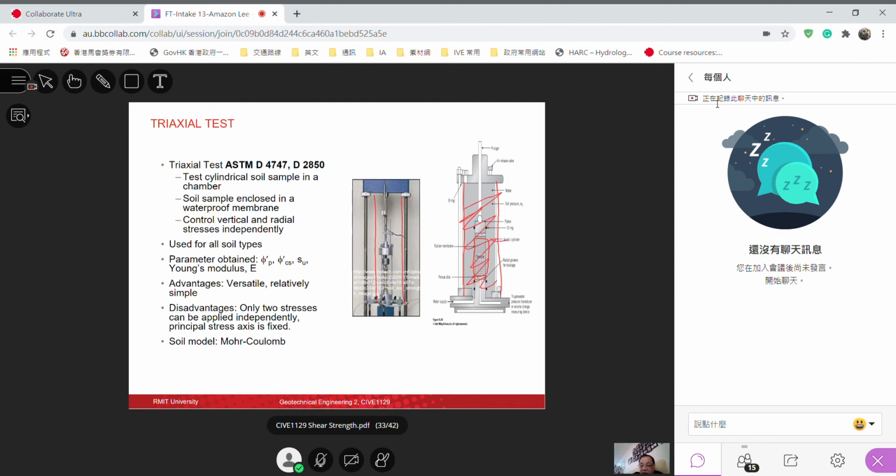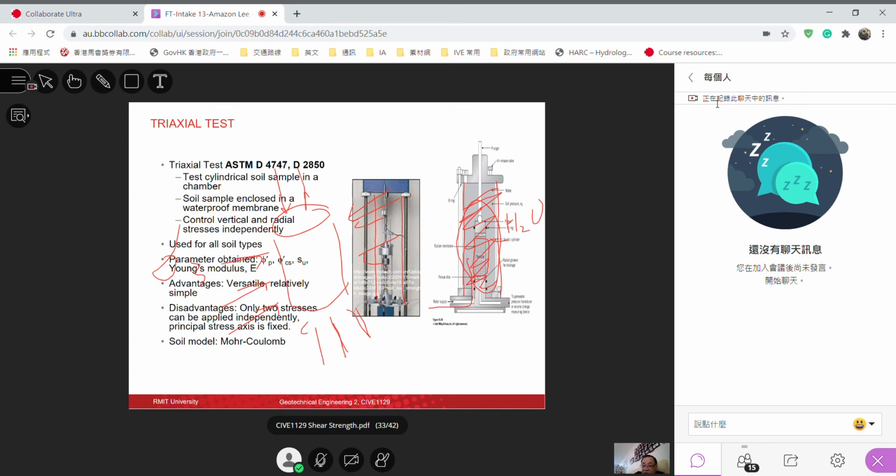The water is pressurized, and when we add water supply here, it goes in and pressurizes the entire chamber. So the whole soil specimen is subjected to sigma 3, hydrostatic pressure.